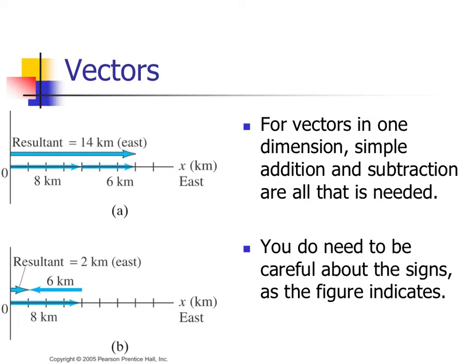Now, in the second one, it goes 8 kilometers, then, oh crap, we're going to run out of gas, turns around and starts going back to the gas station. And then runs out of gas after 6 kilometers going back.